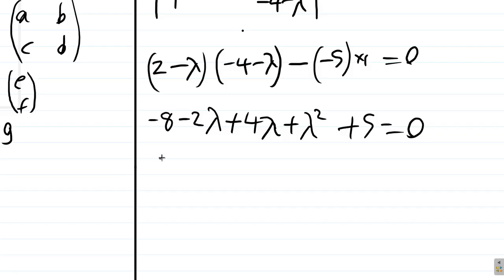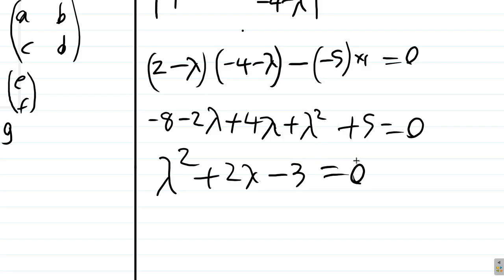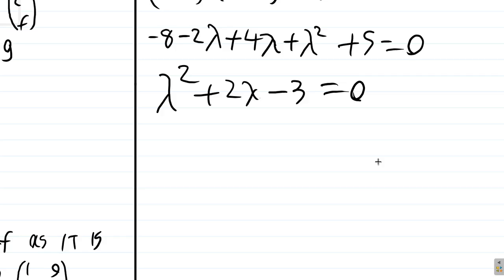Let's put them together now. We're going to have lambda squared, negative 2 plus 4 is 2, plus 2 lambda, negative 8 plus 5 is negative 3 equals 0. So what we have here is really a quadratic equation in lambda.